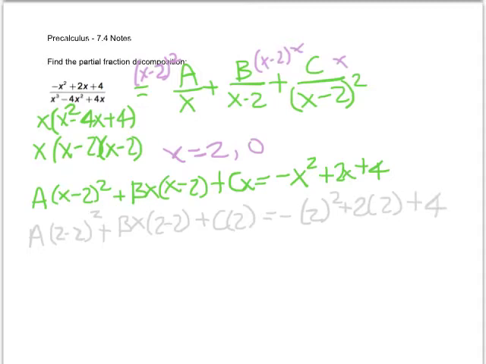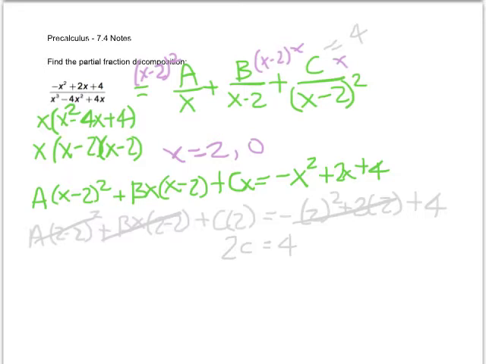And when everything cancels out, you're going to be left with a number that works out pretty well. So the a part goes away, and the b part goes away, and I've got 2c equals negative 4 plus 4, so that part goes away, and I get c equals 4. That's the first guy right there.